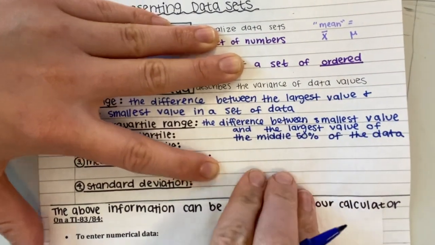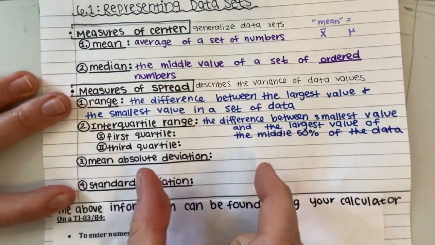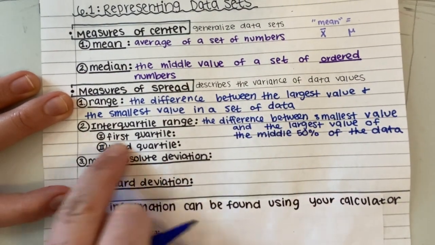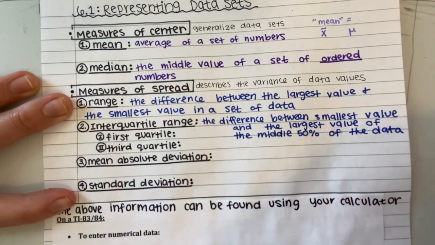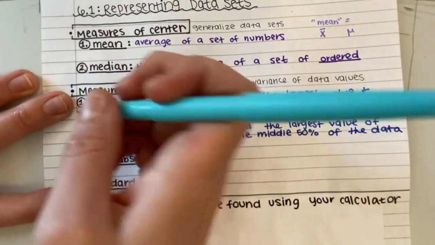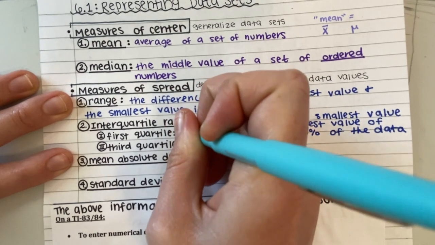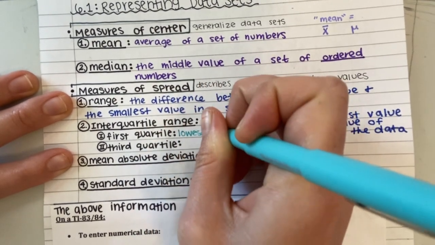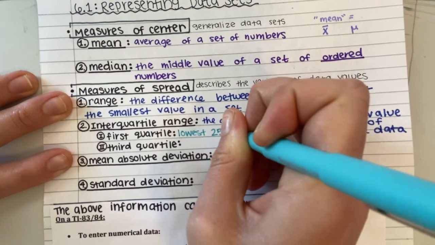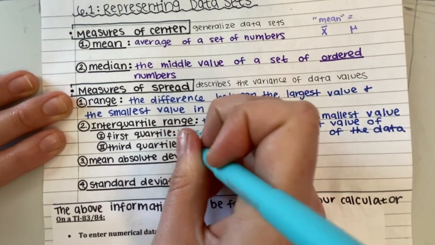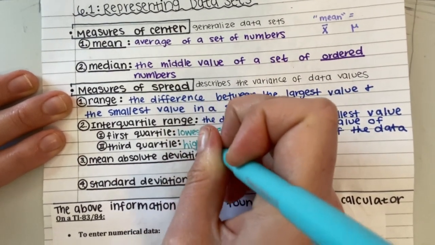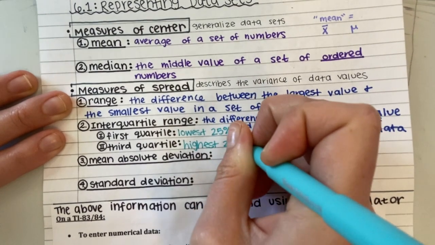So what we call the first 25% is the first quartile. So I'll write this in like a lighter blue. So this is the lowest 25% of the data. And then this is the highest, the greatest 25%.